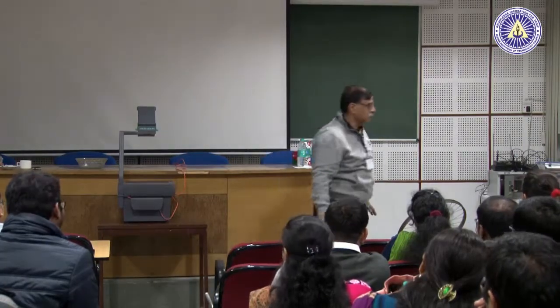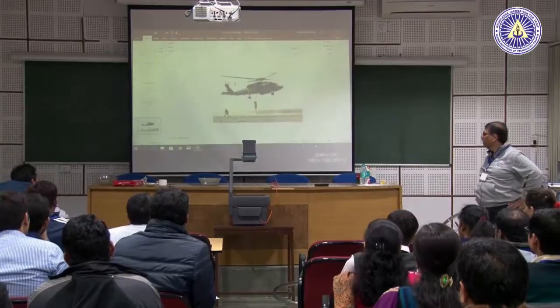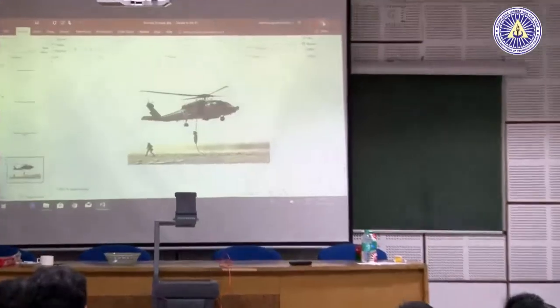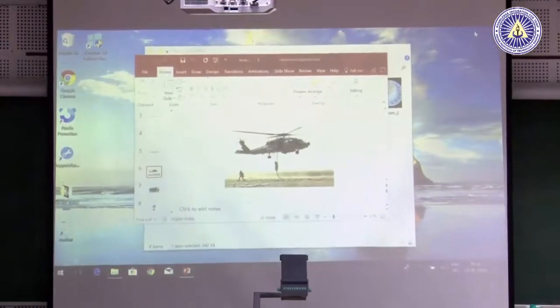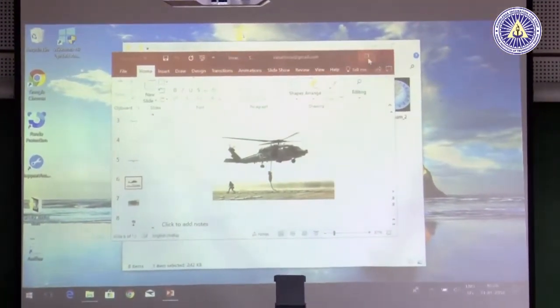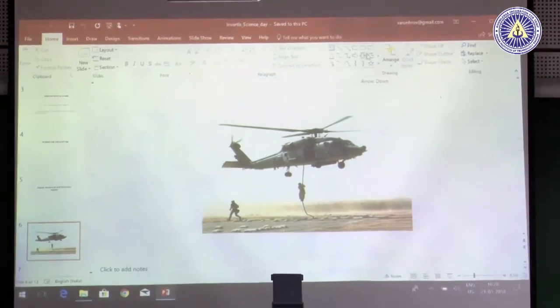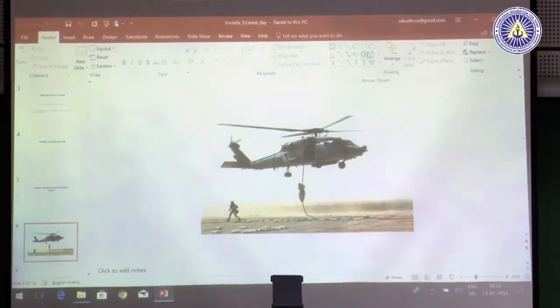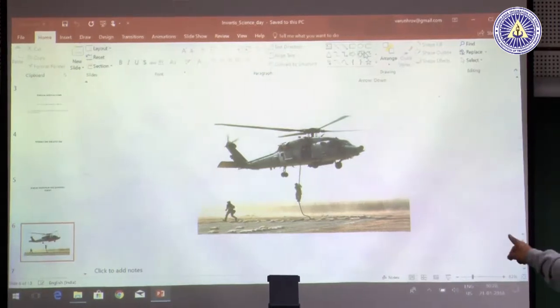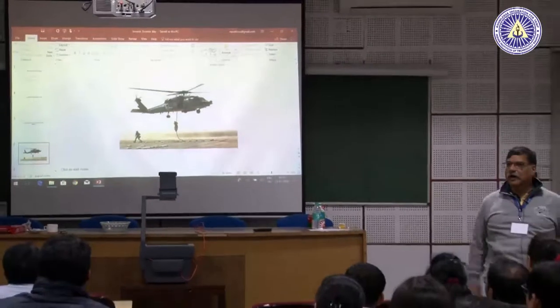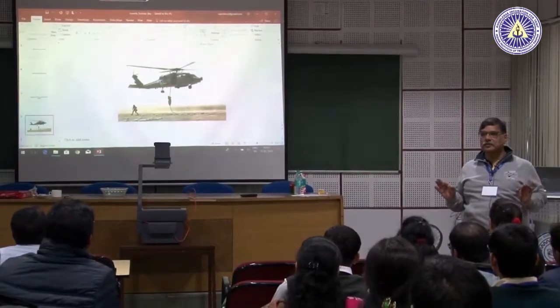Now let us look at this picture. Okay, I'll make it bigger, right? And now I want you to explain to me. You see this helicopter, right? On the basis of this, I want you to explain to me why that rear rotor is there. Now I am connecting conservation of angular momentum.